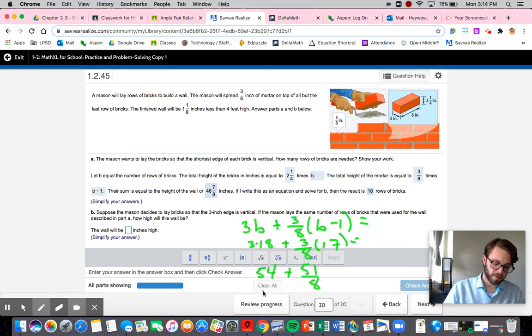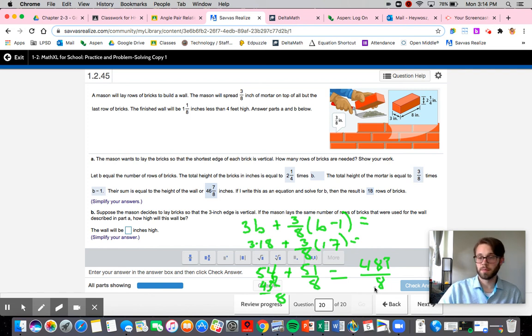So if I wanted to get the 54 over the 8, this would be 432 over 8. 432 plus 51. So ultimately, my answer over here, it's very hard to see, but it's going to be 483 over 8. So 483 over 8 is ultimately going to be our answer.